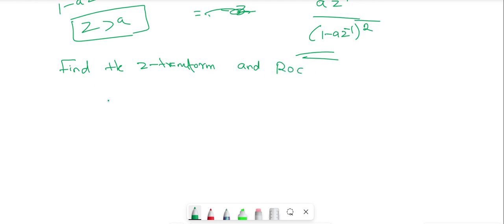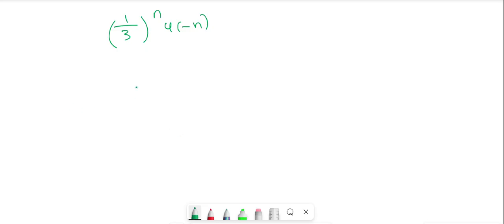For example, (1/3)^n u of minus n, how do you determine its Z transform? Take the Z transform of a^n u of minus n.